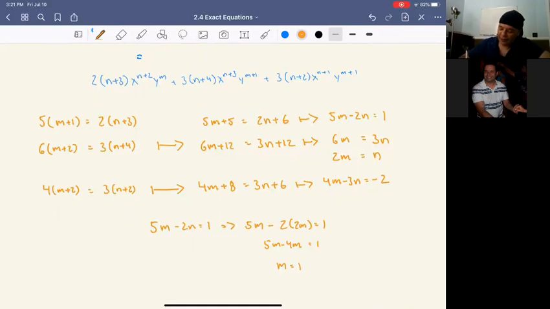Okay, so if m equals 1, that means n has to equal 2. Let's check it against the third equation, because that one we haven't used yet. Does m equals 1 and n equals 2 fit? 4 minus 6 equals -2. Yay! And Alleluia is sung, and you hear it.